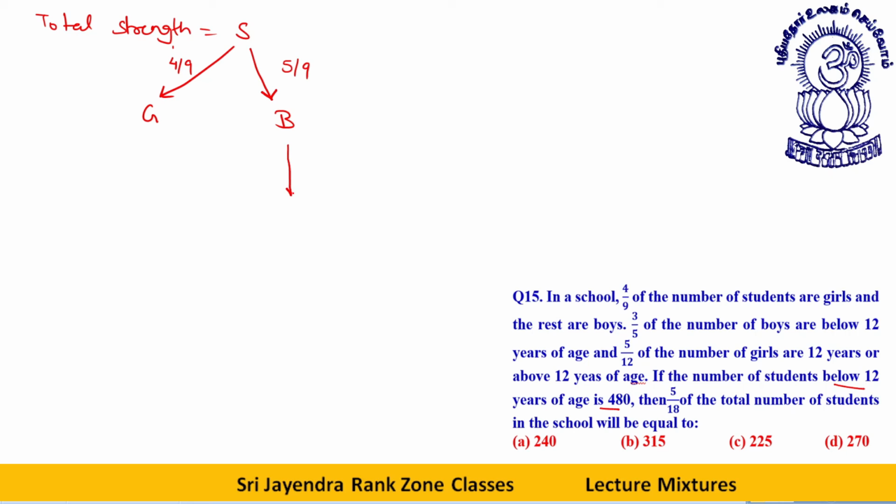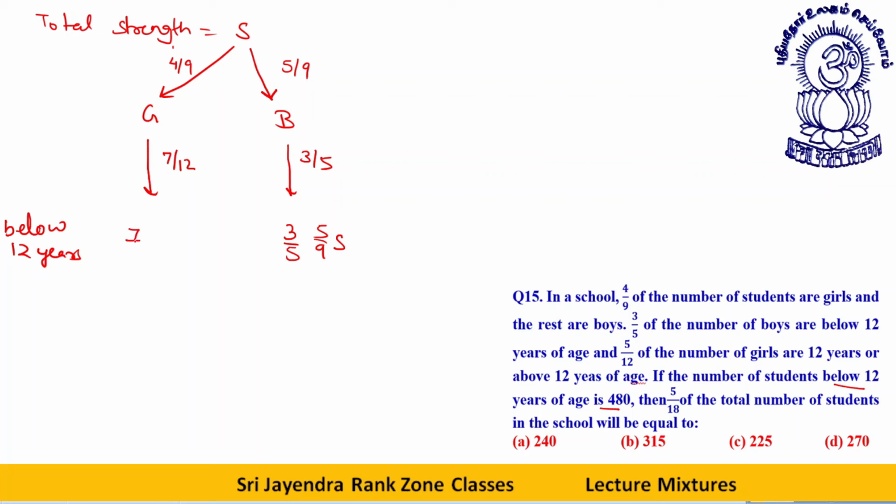So 3/5 of this, that means I get 3/5 of 5/9 S. This is below 12 years. 3/5 of the number of boys are below 12 years of age, and 5/12 of the number of girls are 12 years or above. So below 12 years will be 7/12.